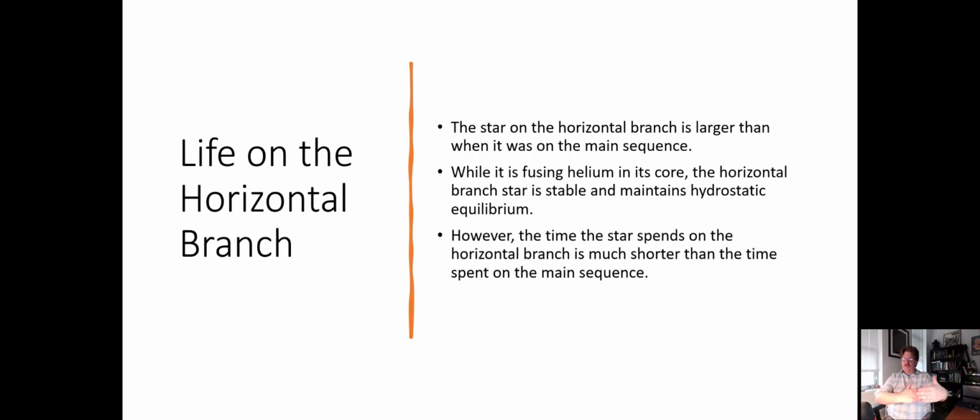The only similarity between the two is that on the horizontal branch, yet again, the star is in hydrostatic equilibrium, hence why it's horizontal. It basically keeps the same radius and keeps the luminosity for as long as there is helium fuel to burn into carbon.